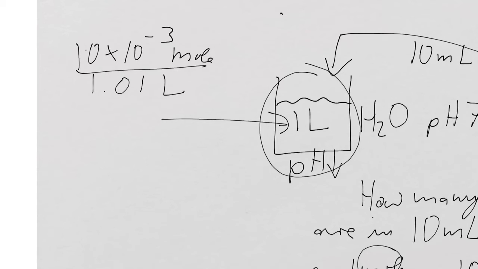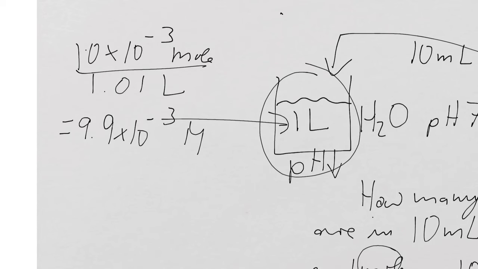Let's do this calculation quickly. What do we get in terms of molar concentration? That gives us 9.9 times 10 to the minus 3 molar.